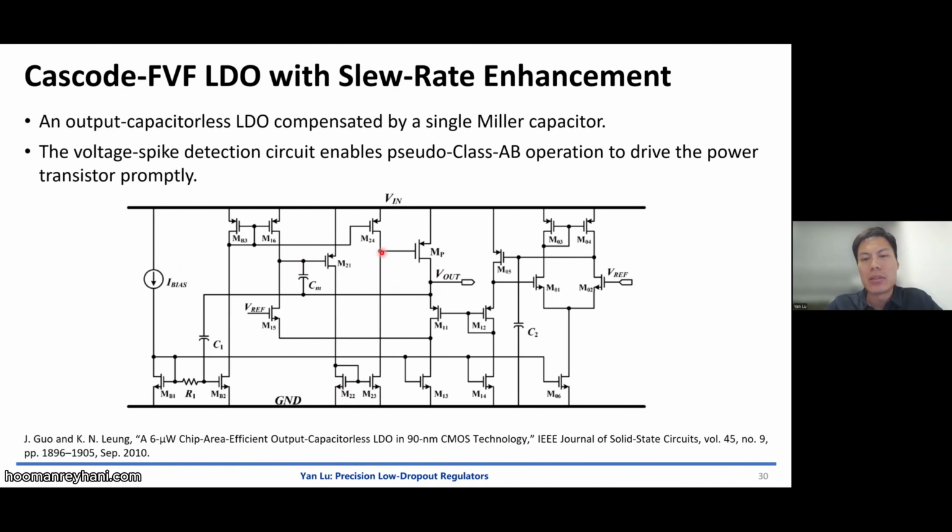You pull down the gate of the power transistor, it will have more current go to Vout. So this is also a fast transient response loop from Vout through the Miller cap to the current mirrors and then to the power transistor.